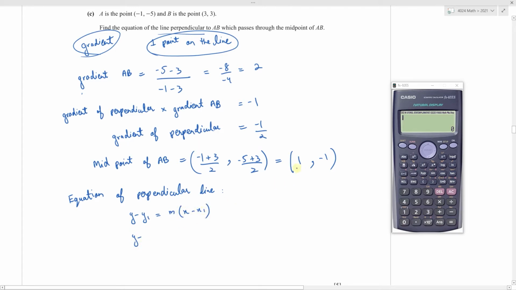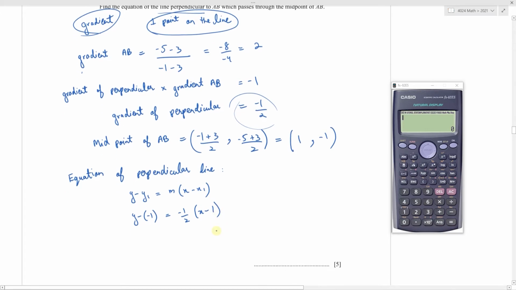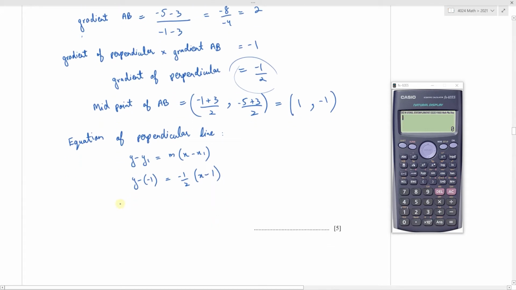So y minus y1, the y coordinate here is minus 1. The gradient of the perpendicular was this, minus 1 by 2, multiplied by x minus x1, where x1 is 1. So this will become y plus 1 equals minus 1 by 2 x plus 1 by 2.